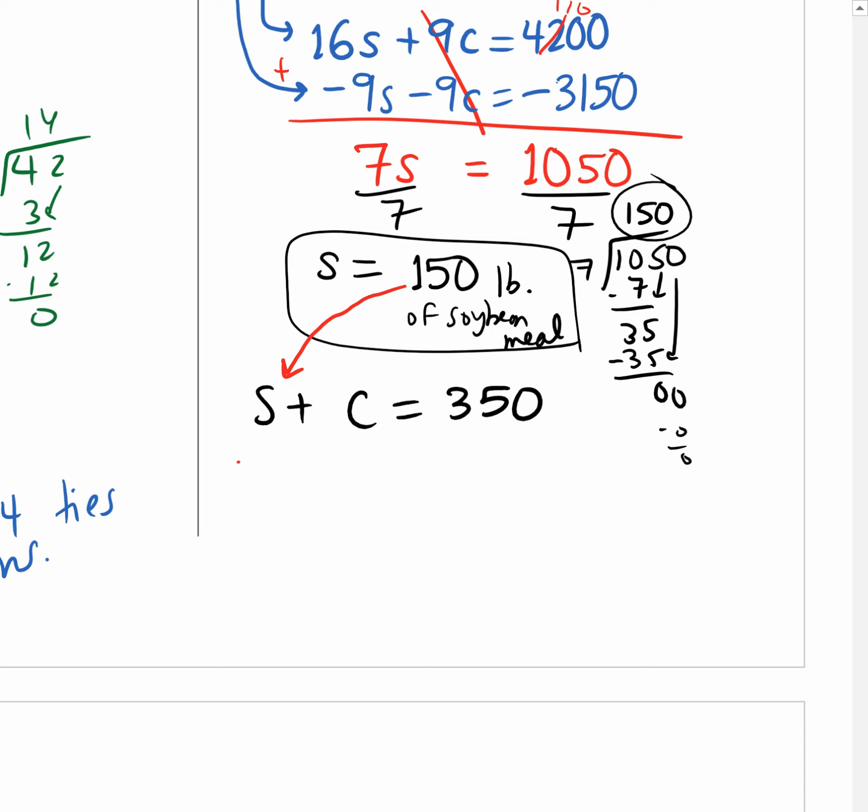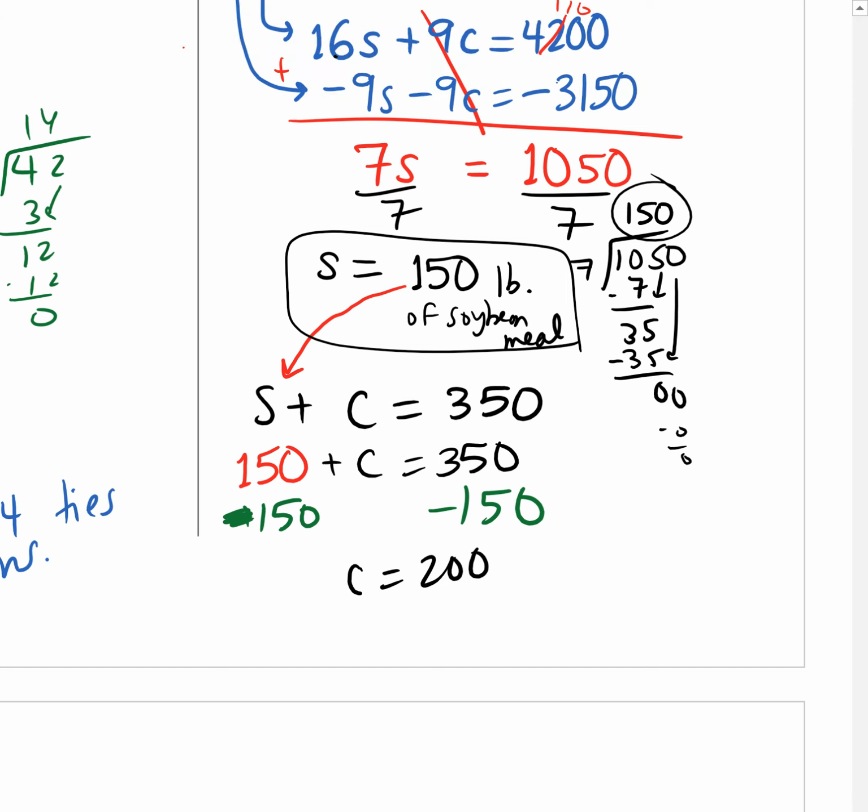So if S is 150, I should be able to put that here. S plus C is 350, and I can isolate C by subtracting that 150 to the right side. Okay, there's C. C must be 200. So 200 pounds of, remember C stood for cornmeal.